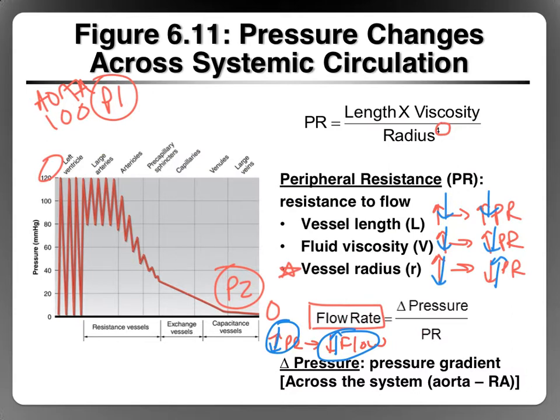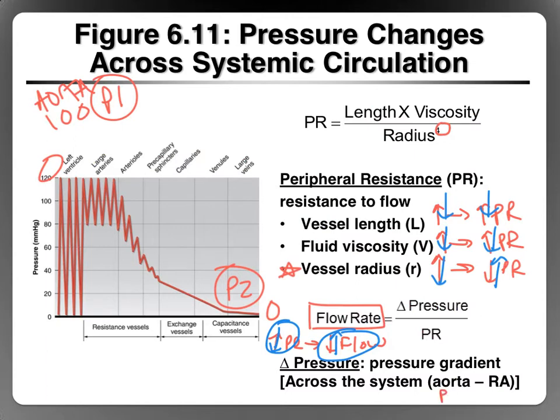The other factor in this formula that affects the rate of blood flow is the change in pressure. This is P1 minus P2. In this case, it's the change in pressure from wherever the blood is starting to wherever it's ending. The blood leaves the aorta and ends up in the right atrium.